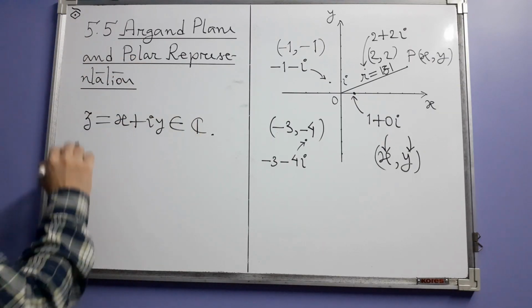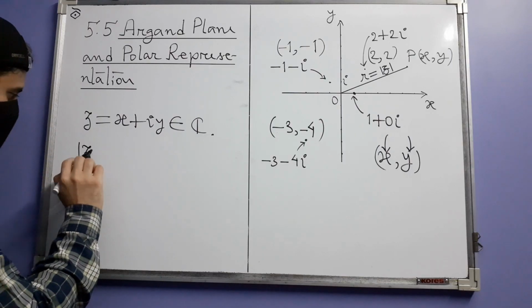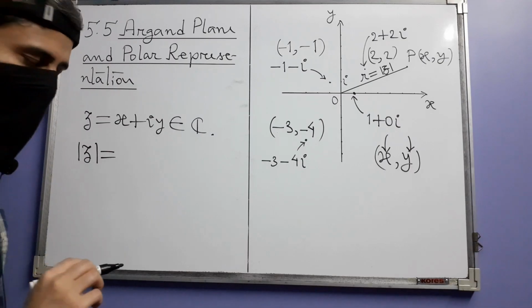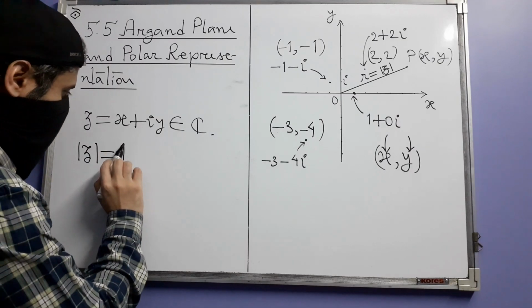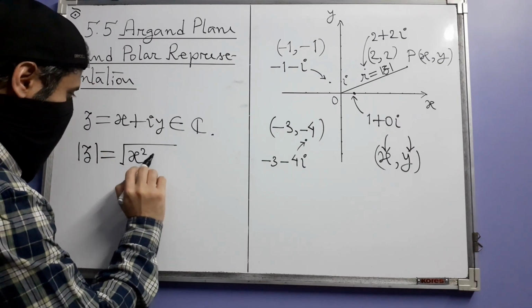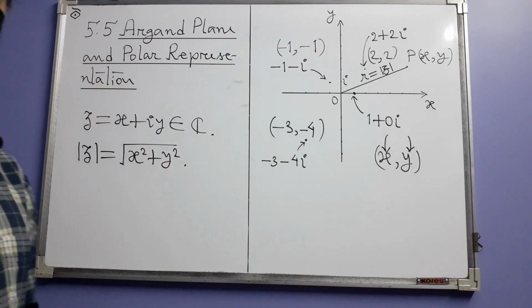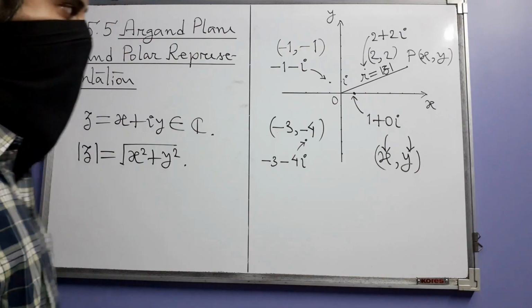Now we know that the absolute value or modulus of a complex number is this quantity. Alright, so this we already know about.